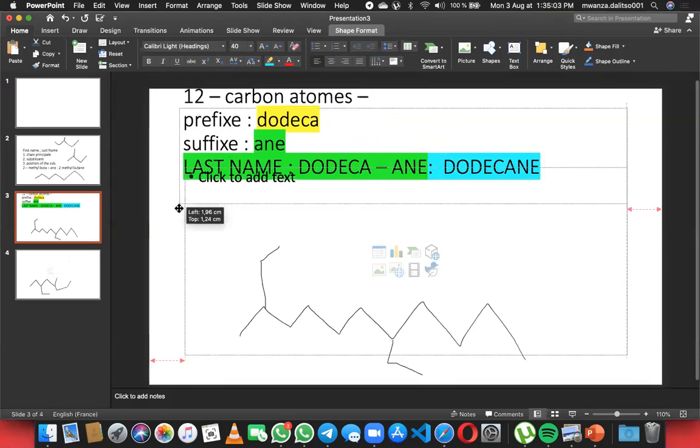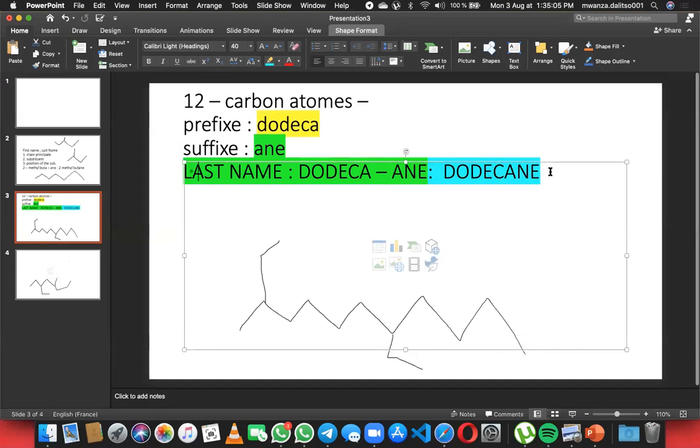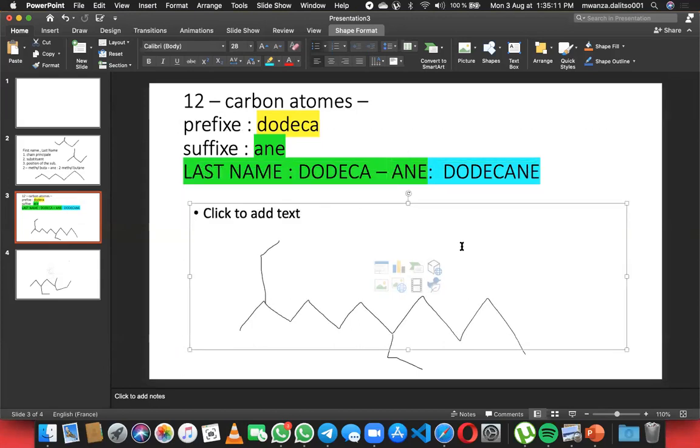Now we're looking for the first name. The first name now will be, okay, we are saying we have got two substituents here.